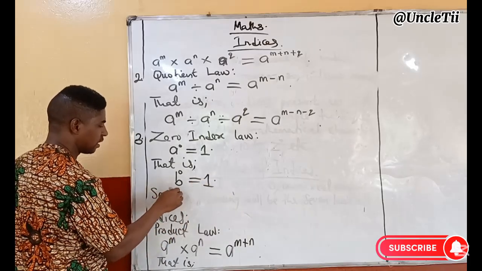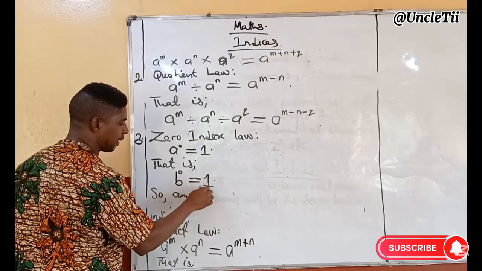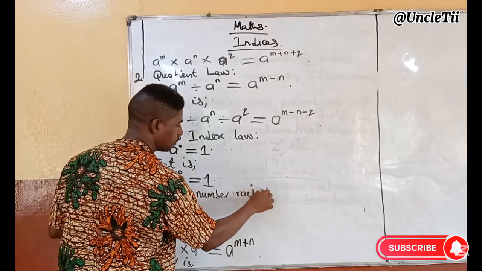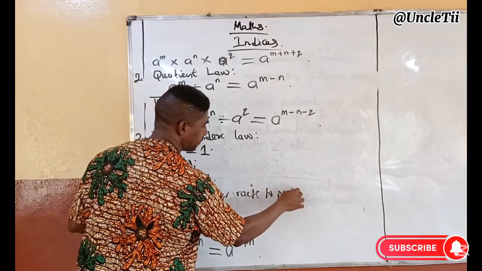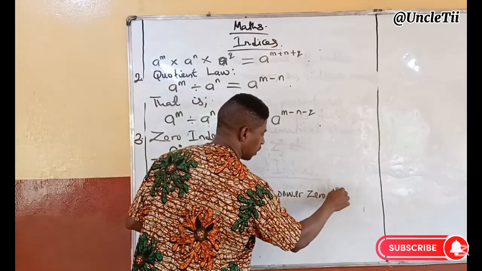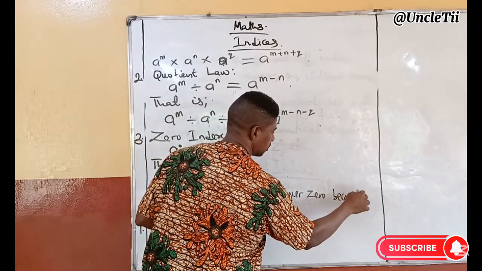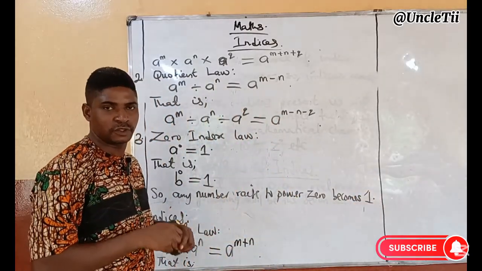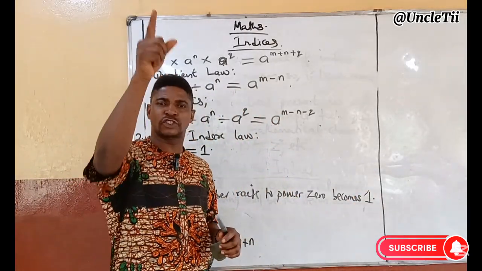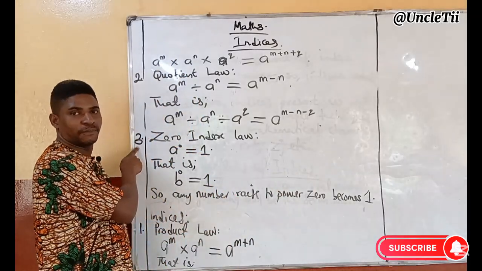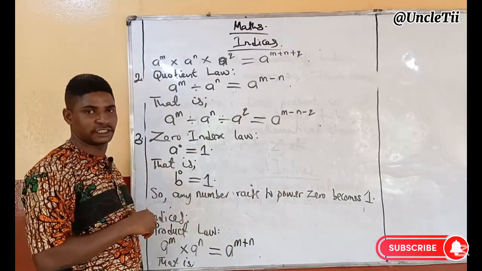So any number raised to power 0 becomes 1. That's the zero index law. So a billion raised to power 0 translates to 1. That is what the third law, the zero index law, is saying.